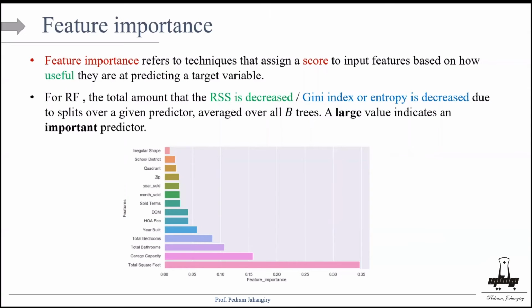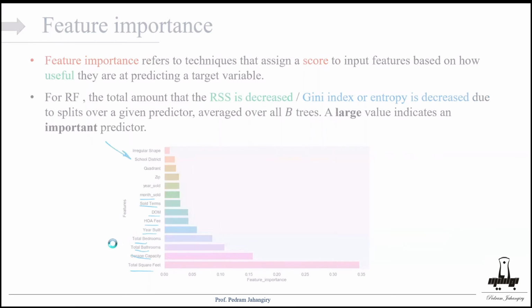So let's look at an example. Imagine we are using the Logan housing dataset. This is a housing dataset, and these are the features: total square feet, garage capacity, total bathrooms, total bedrooms, year built, HOA, days on the market, sold terms, month sold, and so on. At the end of the day, we can rank these features using random forest.